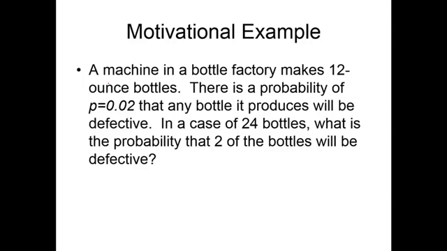In a factory, you have a machine that produces 12-ounce bottles. There is a probability of P equal to 0.02 that any bottle this machine produces will be defective. In a case of 24 bottles, what is the probability that 2 of these bottles will be defective?